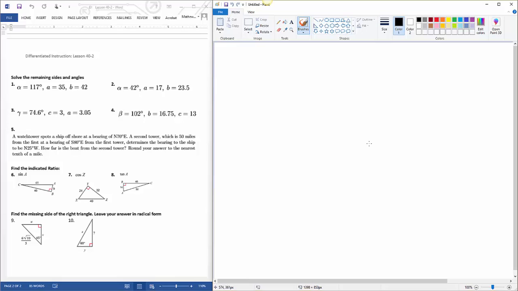Says a watchtower spots a ship offshore bearing north 70 degrees east. So let's say this is the watchtower. Spots a ship offshore. So here's north, and then 70 degrees east.